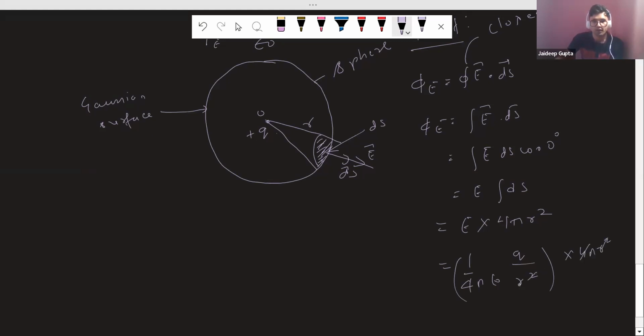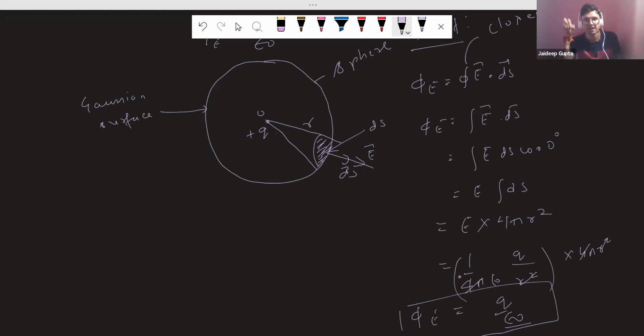Now the 4 pi cancels out, so q over epsilon. So flux equals q over epsilon. As I told you, the total flux is equal to 1 over epsilon times the total charge enclosed by the closed surface. This is Gauss theorem. Did you get it?